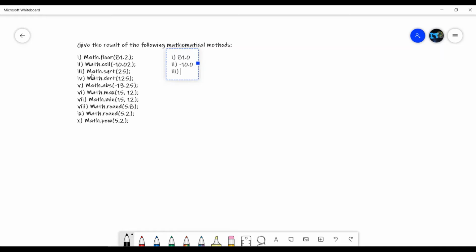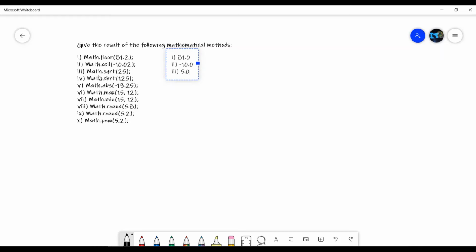Then your third bit, Math.sqrt of 25, means you have to find the square root of 25. So the result is 5.0. Why is it 5.0? Almost all the methods in the Math class return type double.